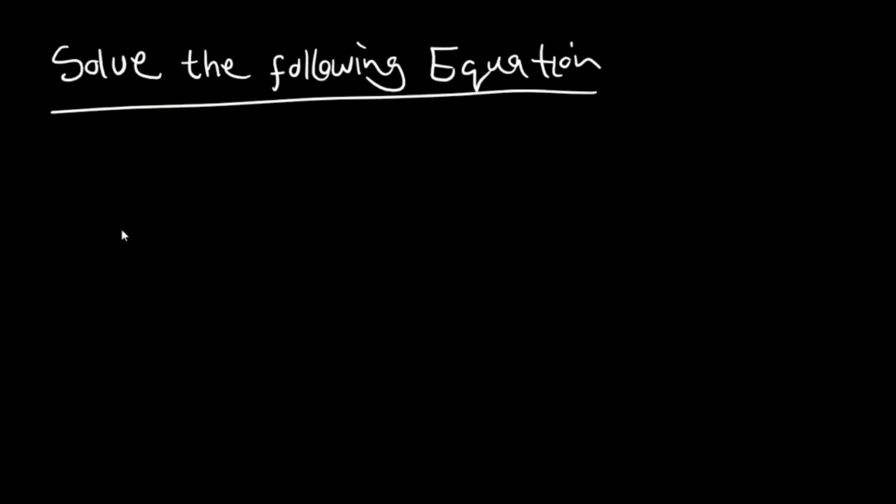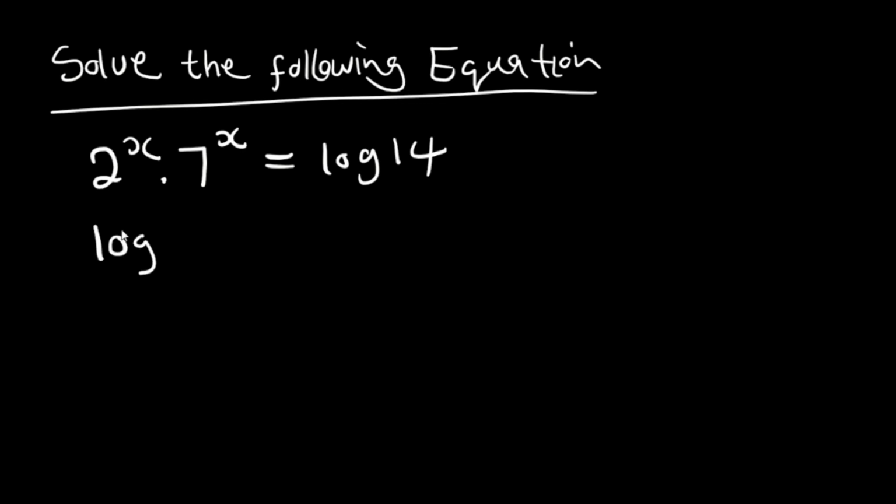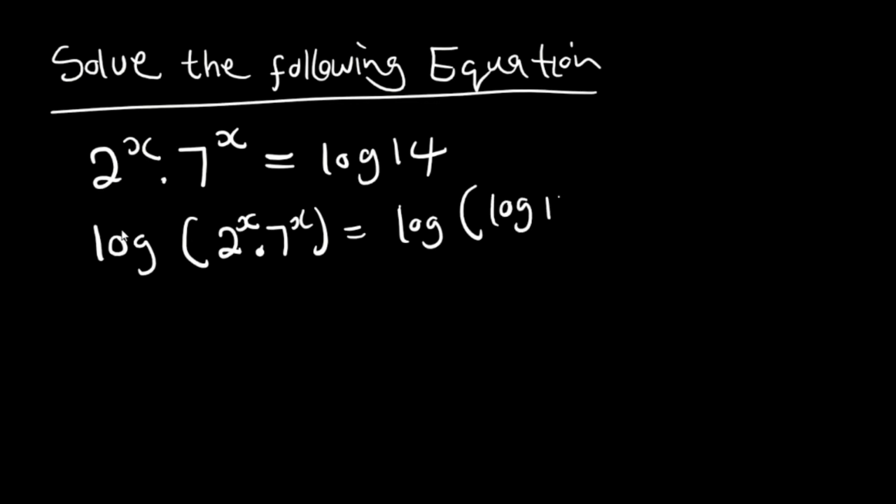Let's say now we have 2 to the power x multiplied by 7 to the power x is equals to log of 14, and you want to solve for x, so you're going to introduce your logs. So you're going to say log of 2 to the power x multiplied by 7 to the power x equals to log of log 14, like this. So the 2 multiplied by 7, both are to the power x, right?